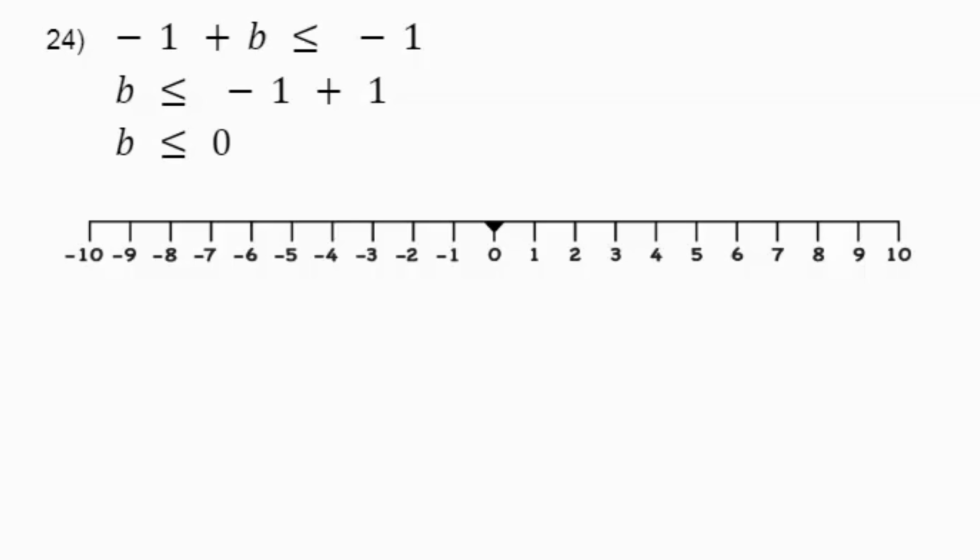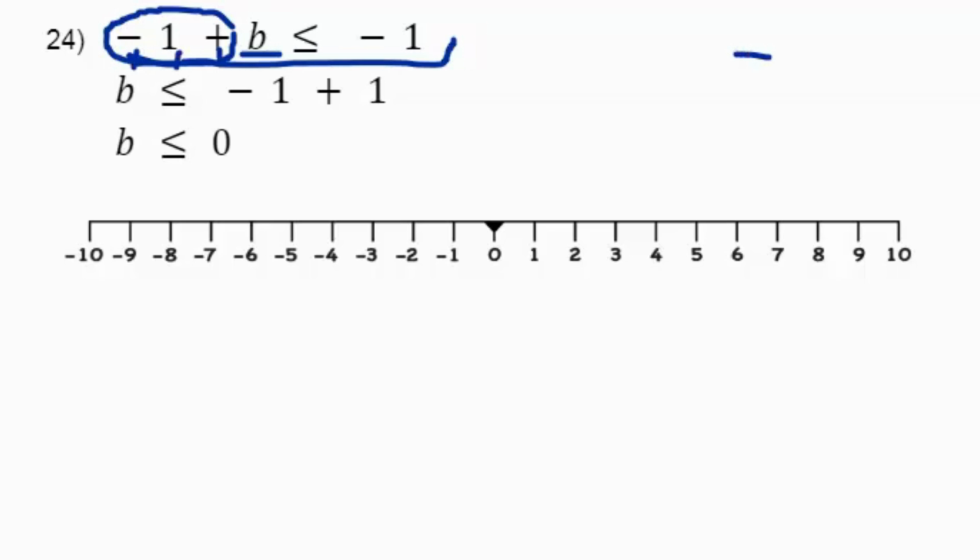But anyway, here we have negative 1 plus b. So what is required from us is to move this negative 1 over to this side and leave b alone. That's the idea. So in order to move this negative 1, you have to add 1.